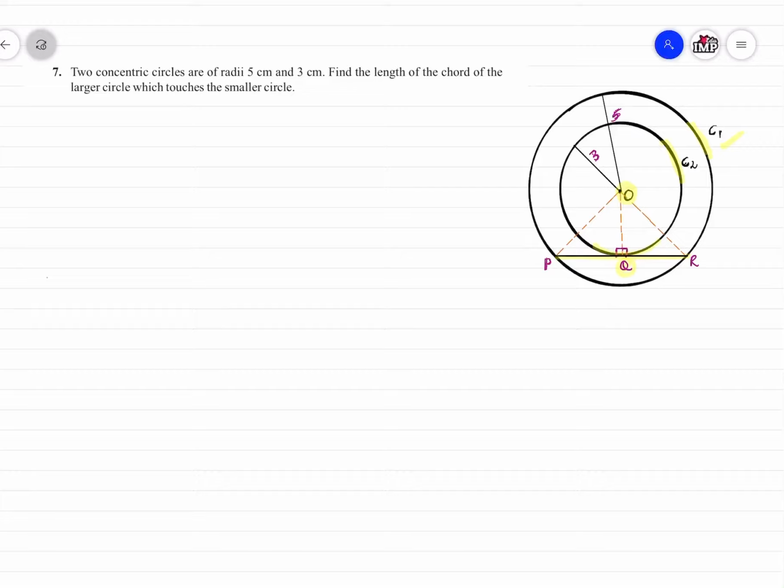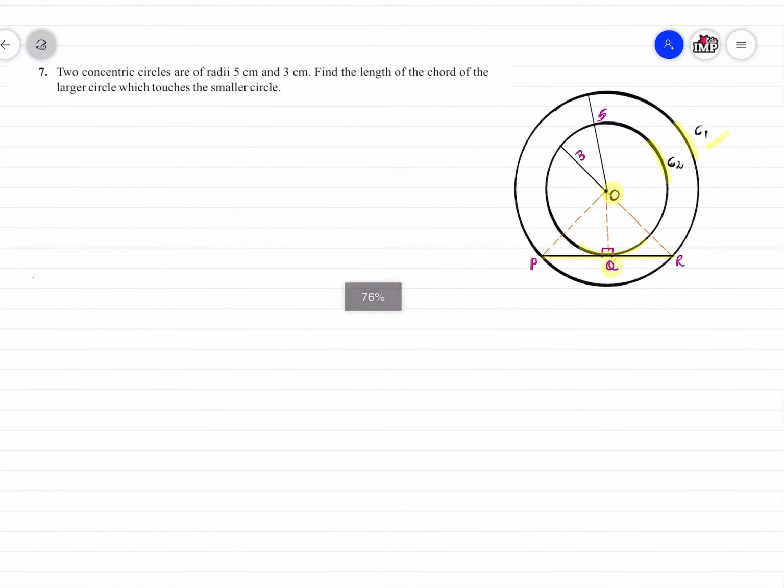Okay, so let's write down the given and the find statements, and then we'll look at the solution. We'll just write down the radius of C1.